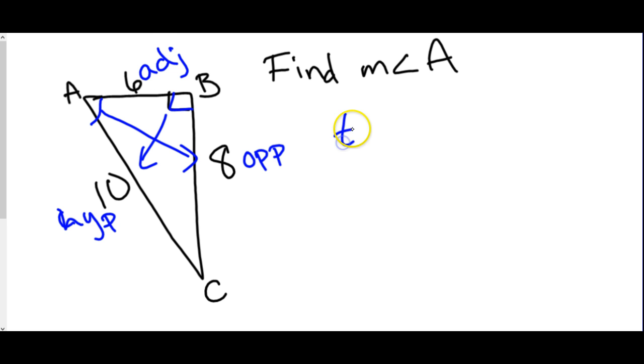So we know tangent of angle A equals opposite, which is 8, over adjacent, which is 6. Now in a previous problem we stopped here because it had asked for tangent A, which this would be our answer for tangent A. But if it asks for just A, that means they want you to get rid of the tangent part.